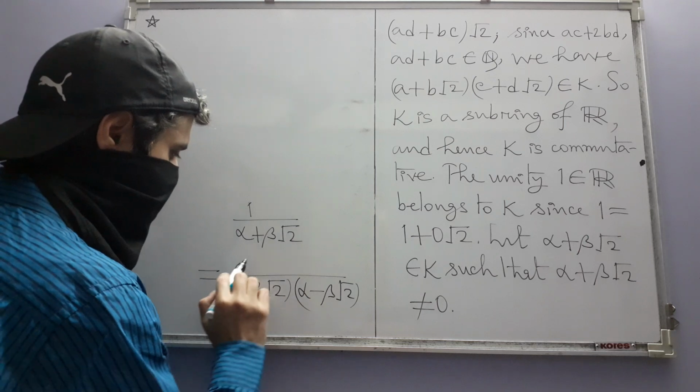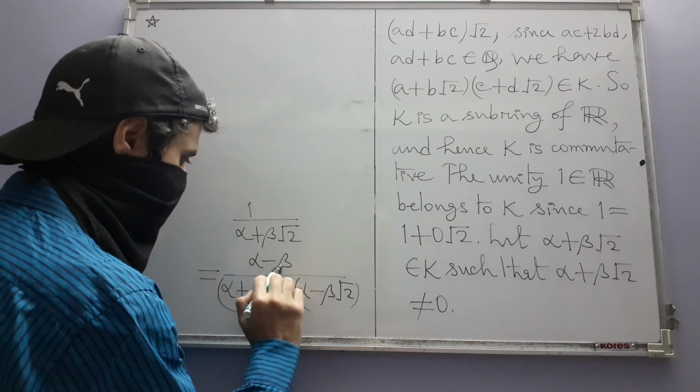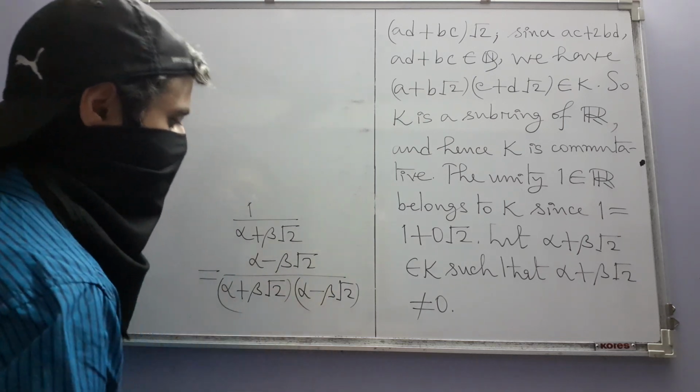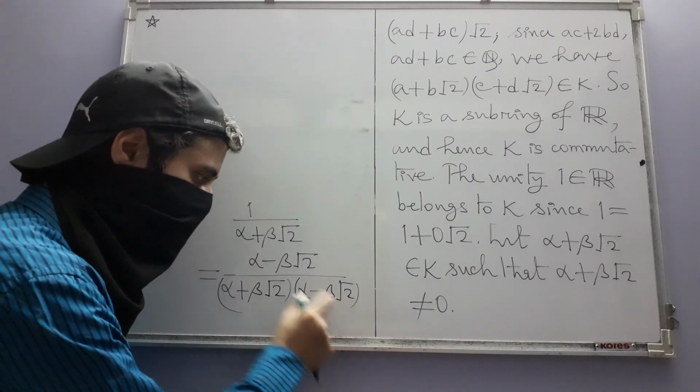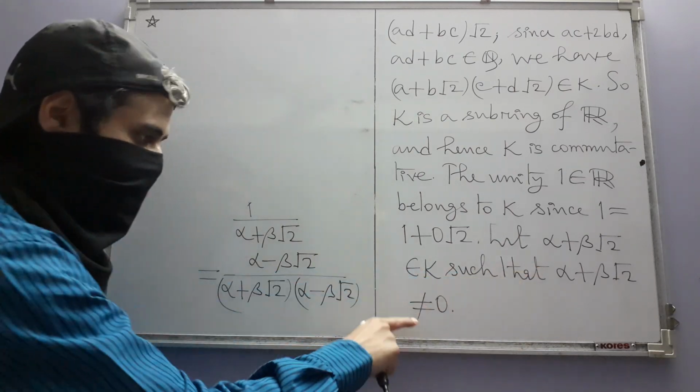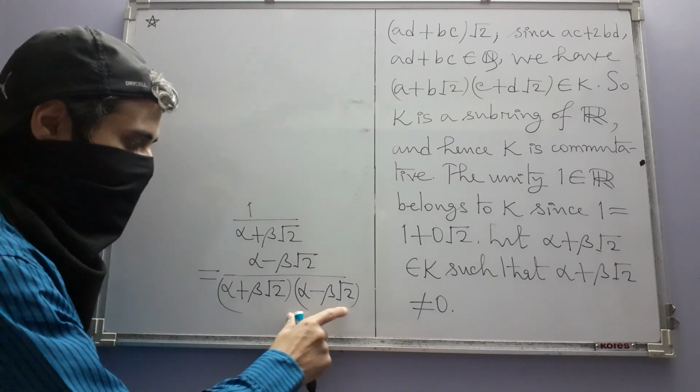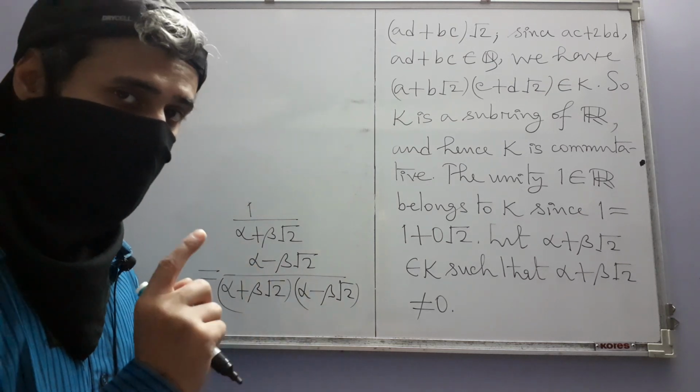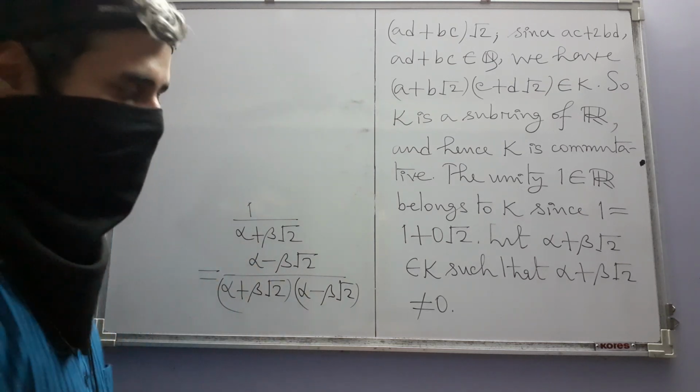Now, in carrying out this step, we need the fact that this is a non-zero real number. This is non-zero, that is our choice. But is this also non-zero? We have to make sure that that is non-zero.